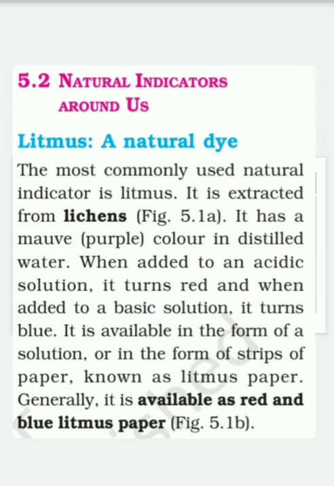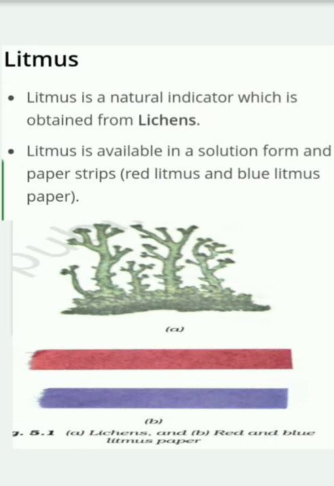It is available in the form of a solution or in the form of a strip of paper known as litmus paper. Generally, it is available as red and blue litmus paper. This is a plant, that is a lichen plant. We get the litmus solution from this plant.